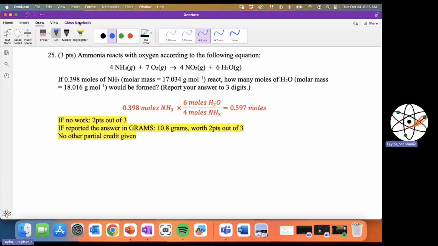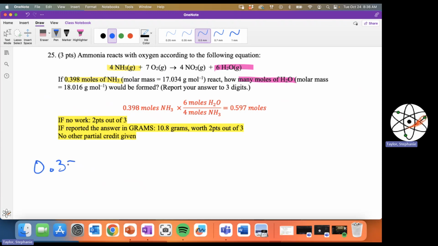So you start off with the given, which is the moles of ammonia. And then the goal is to go to moles of water. That's over here. Since I need to go from ammonia to water, and those are not the same thing, I'm going to use the stoichiometric coefficients in my balanced chemical reaction.